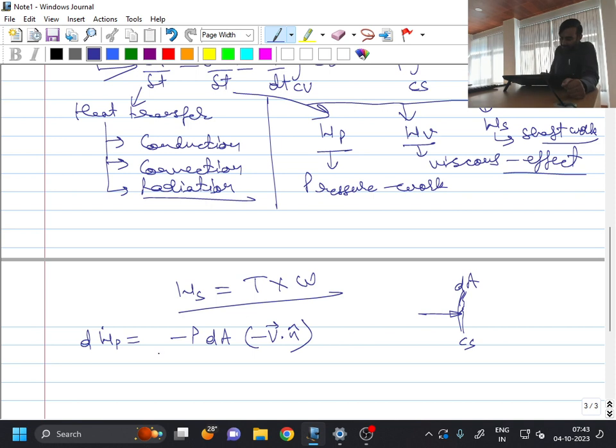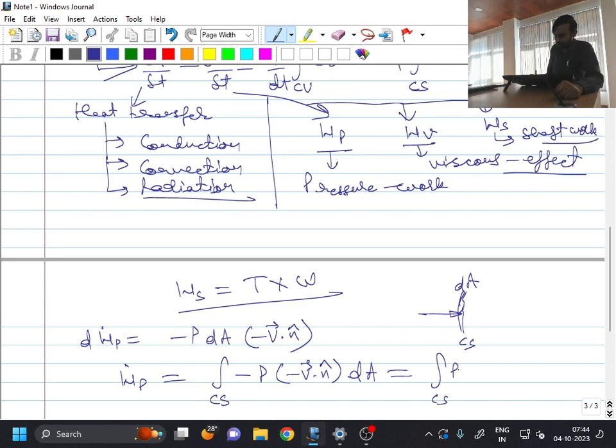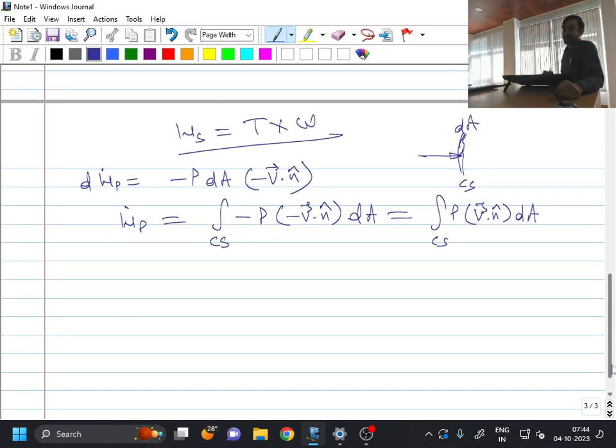So ultimately, if I have to find the total pressure work Wp, then of course I have to integrate this over the entire control surface, and that will become minus P times minus V vector dot n cap dA, and ultimately I will get the integral over the control surface of P V vector dot n cap dA. Okay, so this is my pressure work.